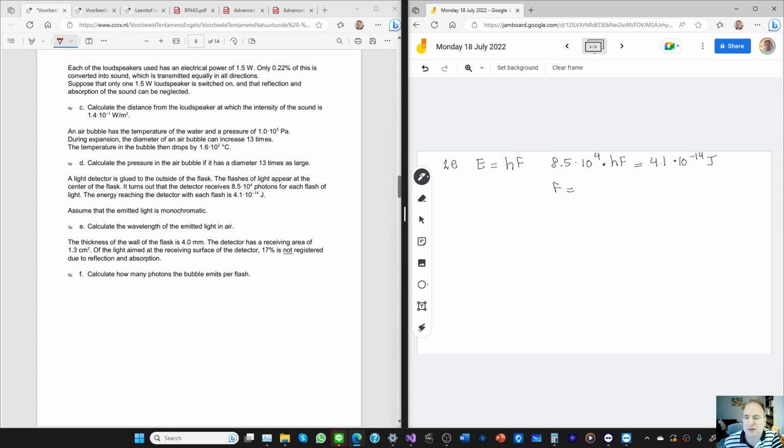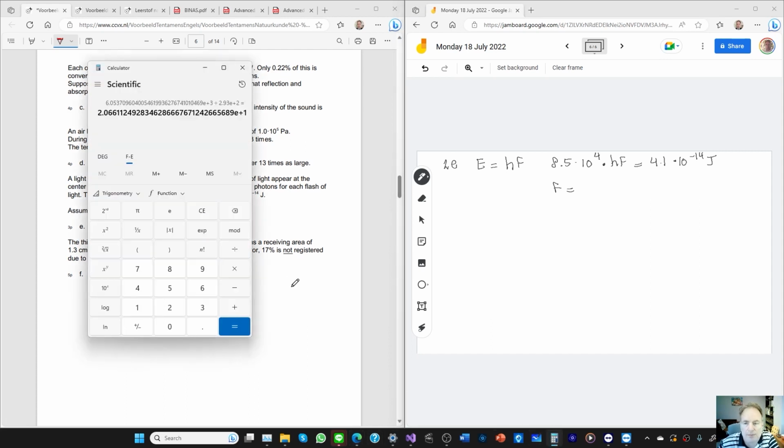So the frequency is, let me just write it out one more time, 4.1 times 10 to the power minus 14 divided by 8.5 times 10 to the power 4 times the Planck constant.